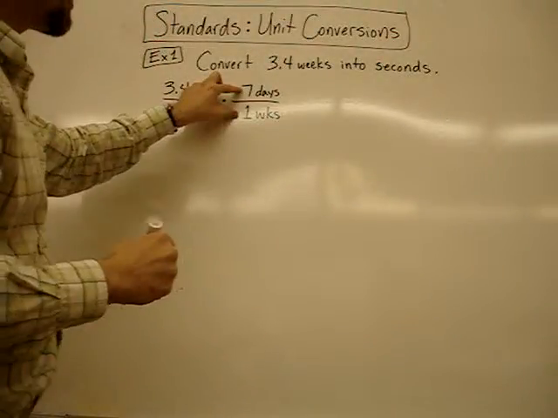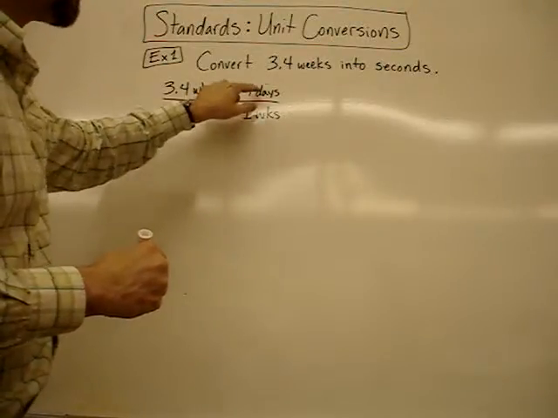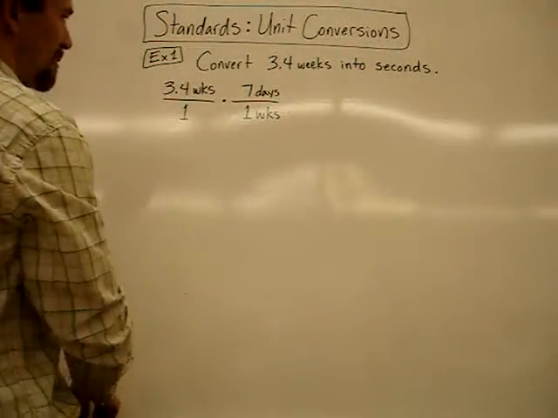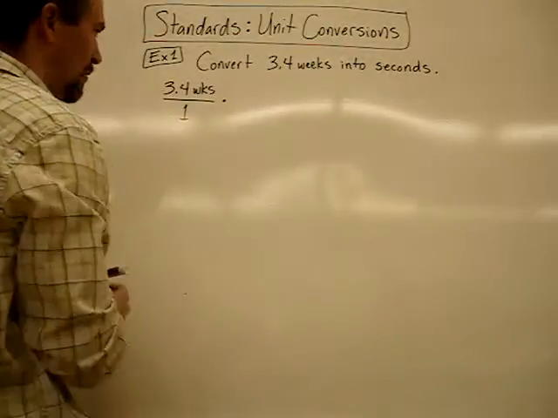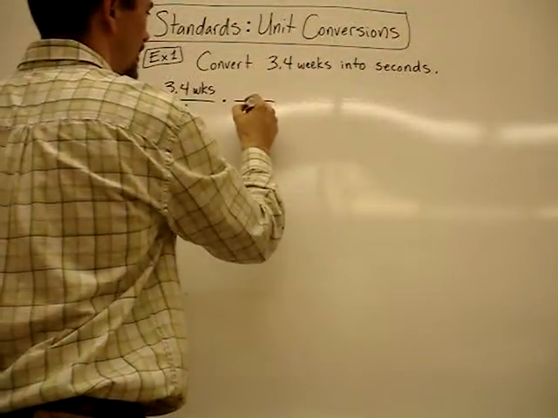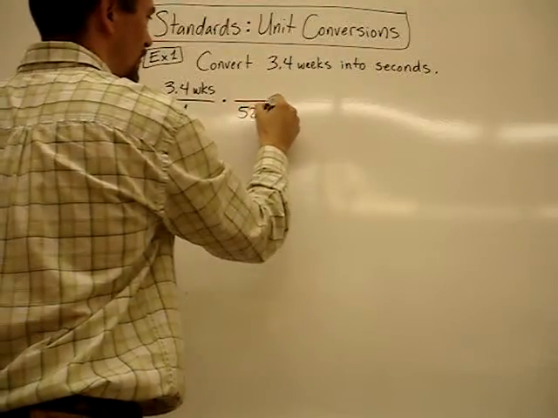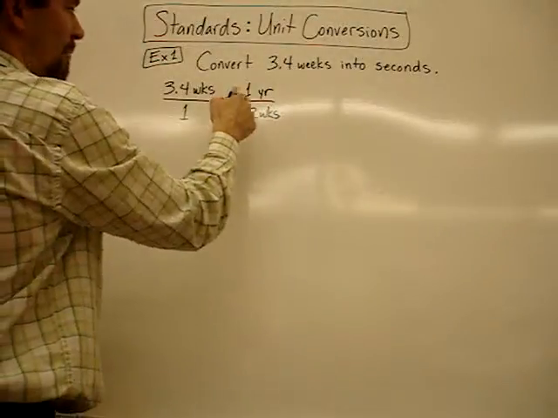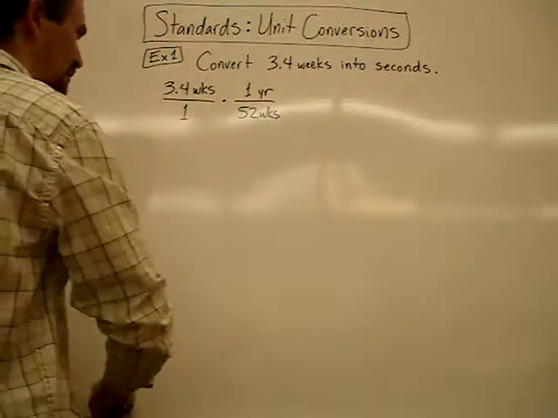And the reason this is good to use 7 days is because days is smaller than weeks and we want to move in the direction of seconds. It would theoretically work to say there's 52 weeks, I'm not sure, 52 weeks in a year, but that would be getting us into larger units, so we don't want to do that.